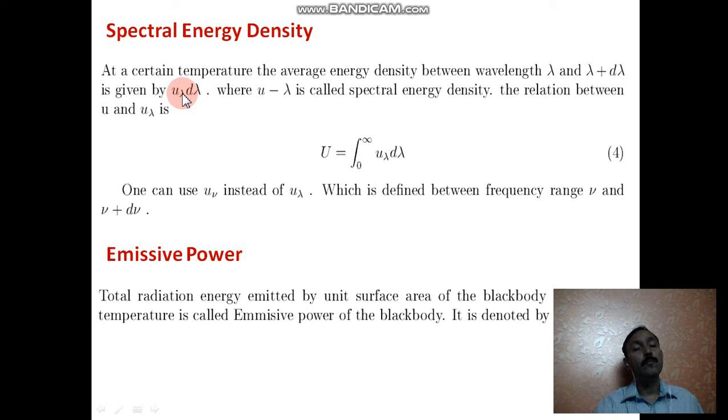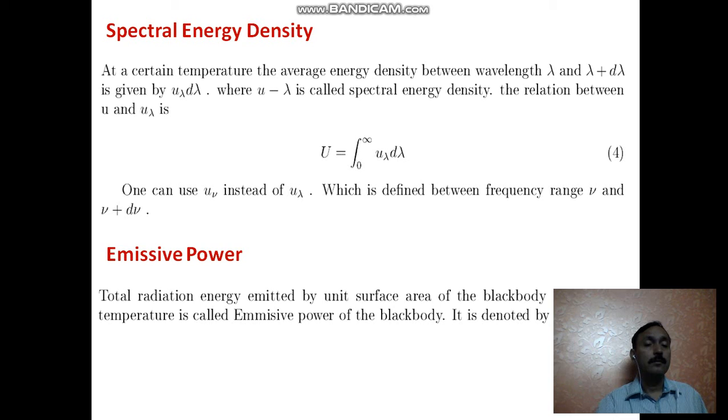That means U is dependent upon lambda, where U lambda is called spectral energy density. The relation between U and U lambda is U equals the integration from 0 to infinity of U lambda d lambda. One can use the frequency spread; then instead of U lambda, we will use U nu, defined for the frequency range nu and nu plus d nu.